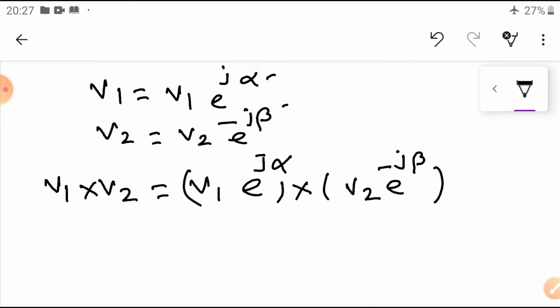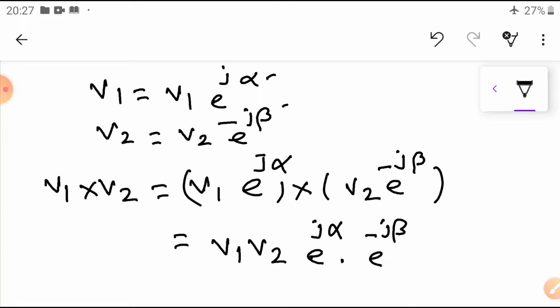Now, in this case, dear students, you have to remember that in exponential form, you multiply V1 and V2, then e to the power of j of alpha into e to the power of minus j of beta. You know the mathematical rule, the exponents are added here.